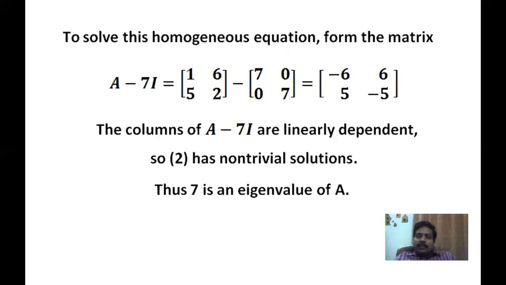In the present case, both the columns of the given matrix A minus 7I are linearly dependent, since 7 is the eigenvalue. So the system has a non-trivial solution.